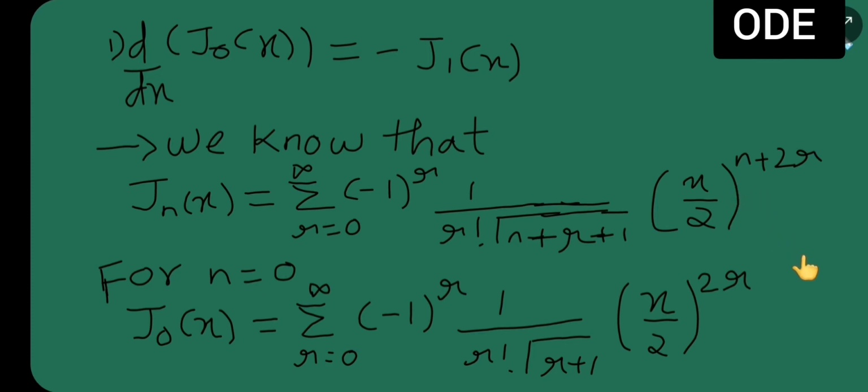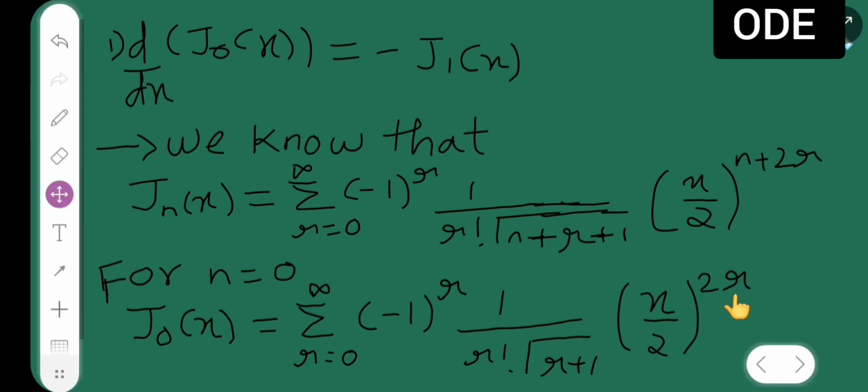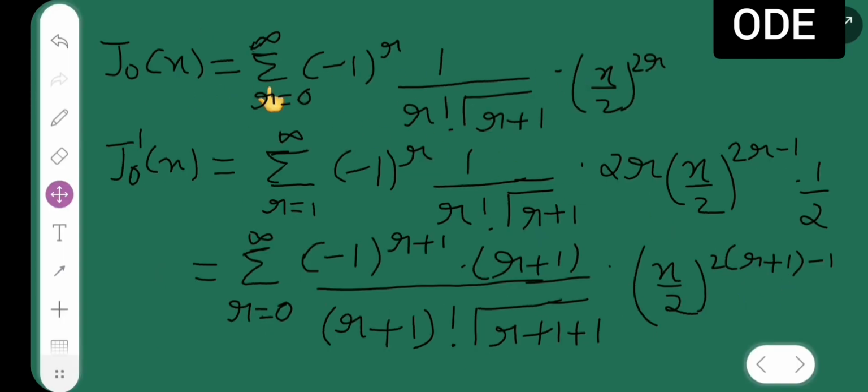So now this equation I have written here. Now I have to find the derivative of this J0.